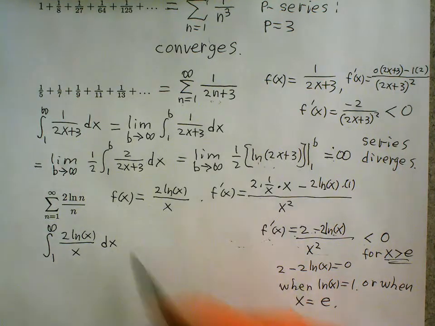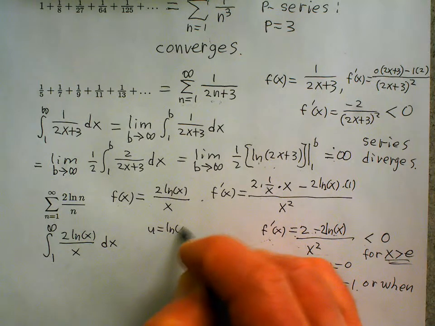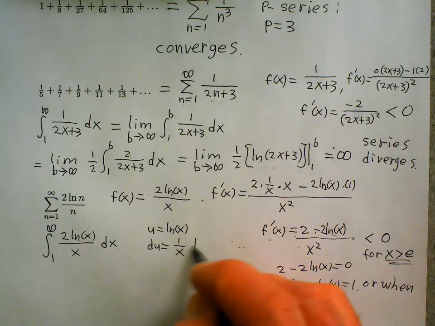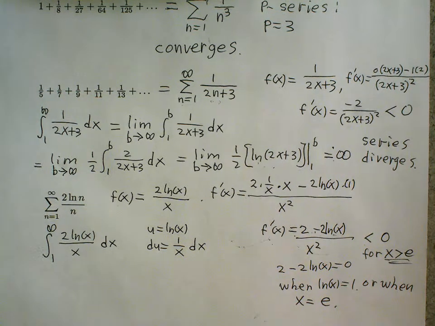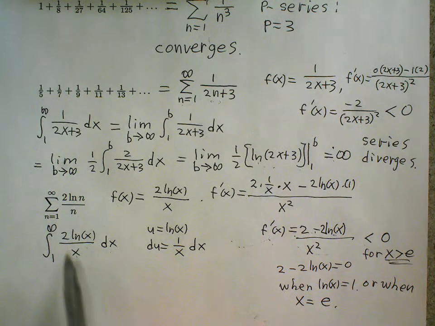Yeah, this one we can use u substitution. If u is the natural log of x, then du is 1 over x dx. So we see the natural log of x, and we also see 1 over x dx. And then the constant 2 can be brought out front.